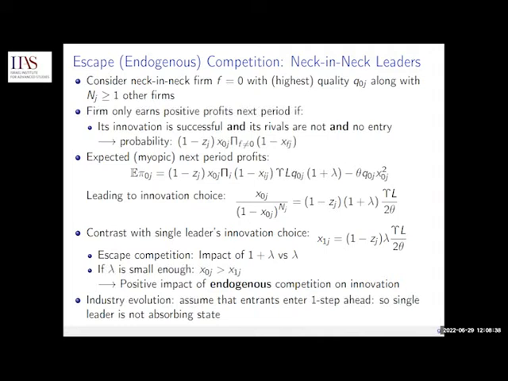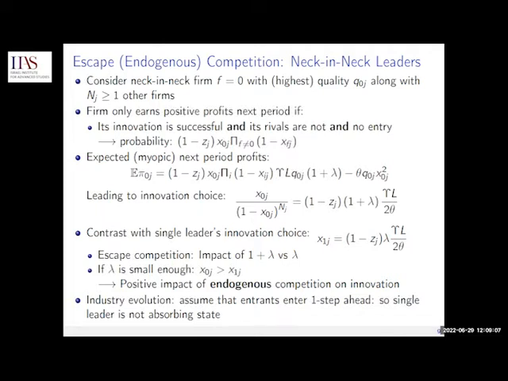So what is your expected profit? Your expected profit now is going to be this, right? So long as you don't get wiped out by entry, and all your competitors' innovations are not successful, you're going to earn that level of profit of your initial quality, and you're going to get that bump up in the innovation step lambda, okay?